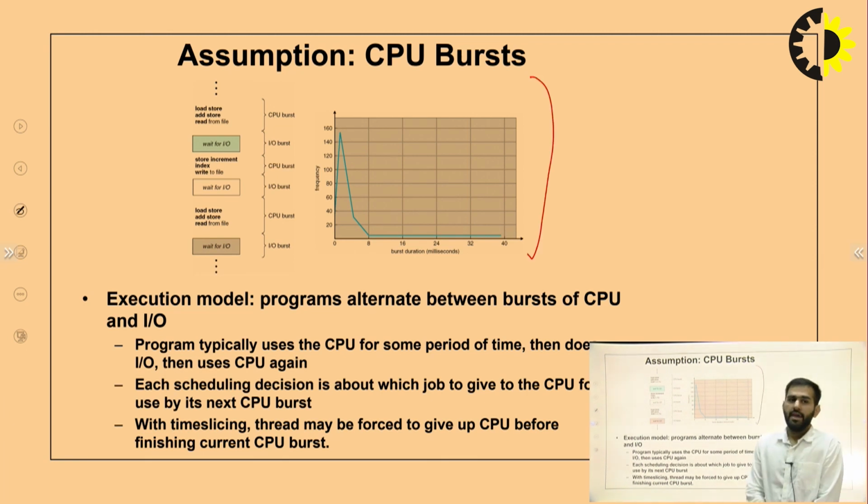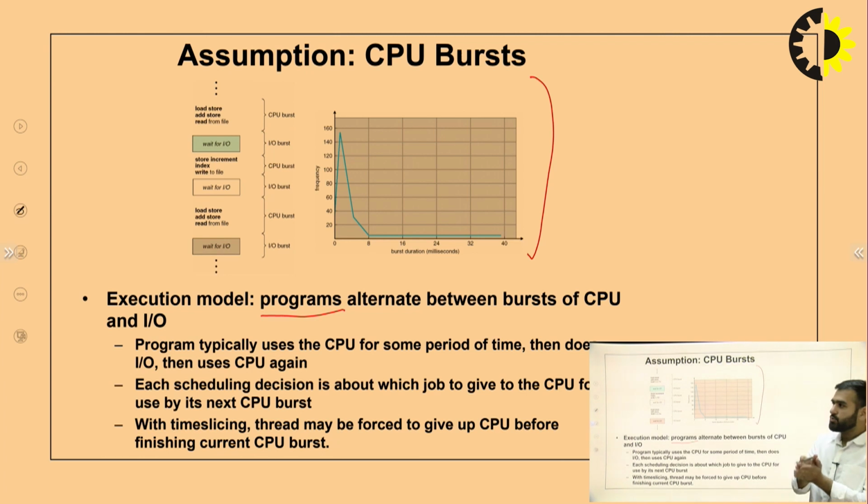Now the execution model alternates between bursts of CPU and input output. I already told you a program or a process alternates between CPU burst, input output, CPU, input output, and so on.